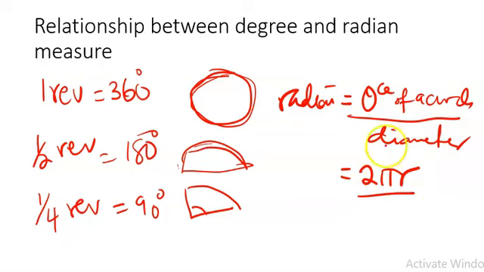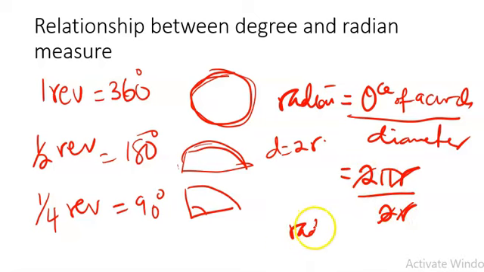And the diameter is equal to 2r. So this r will cancel, this 2 will cancel. So when we talk of radian, that will be pi. 1 radian is equal to pi. So that is it.